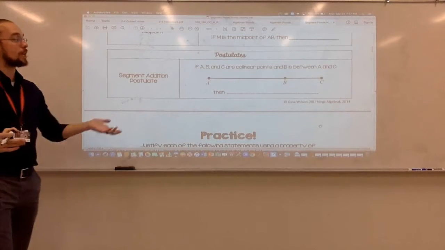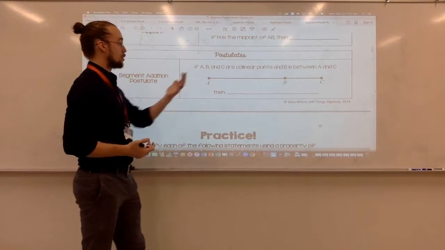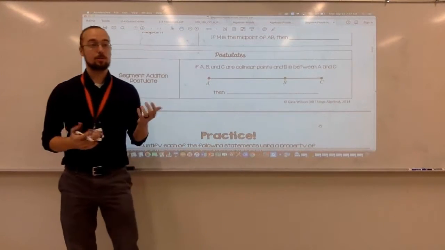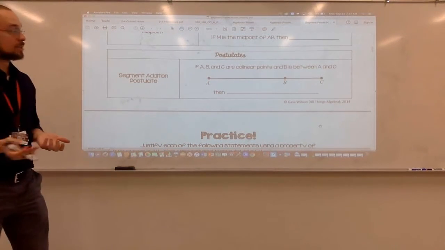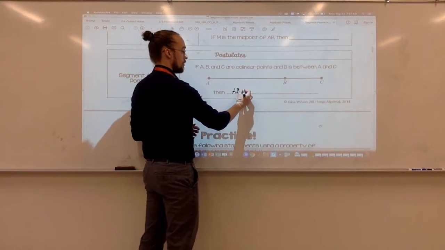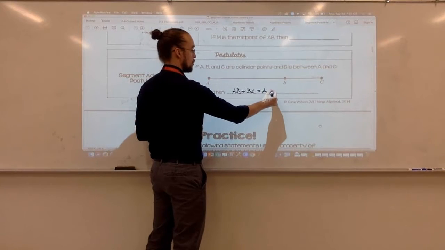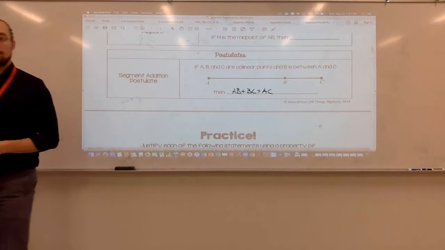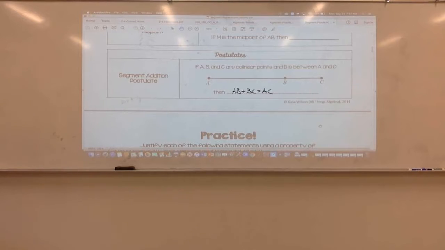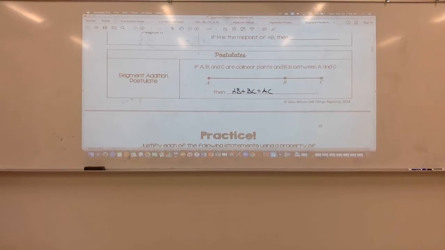If I know that A, B, and C are collinear, and B is between A and C, I don't know where, I just know it's somewhere between A and C, well, then I can say the length of AB plus the length of BC is equal to the length of the whole thing, AC. And we worked with that, I think that was the very first section of the book, but now we're going to use it in our proofs.